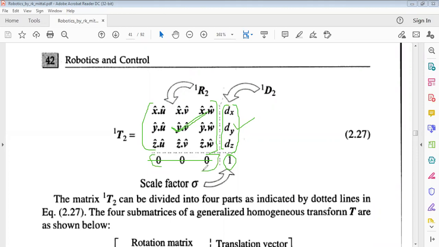The thing we need to understand is that this 4 by 4 transformation matrix indicates the position and orientation of the second frame with respect to frame 1.